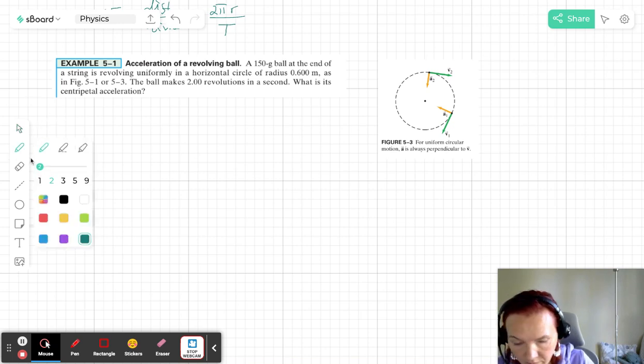Given revolutions per second. 1 revolution per second. 1 over 2 is 0.5 seconds.